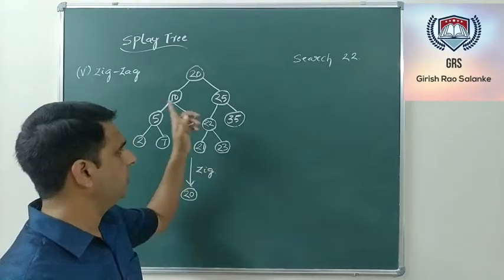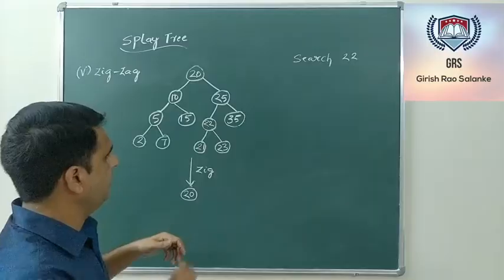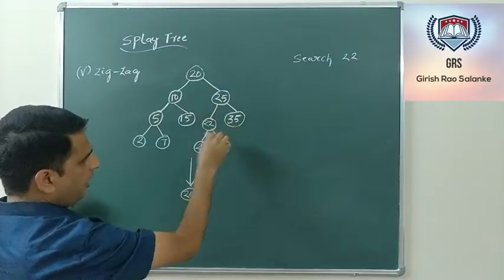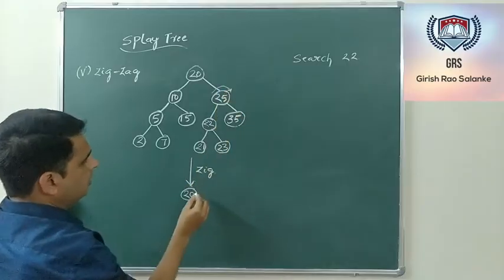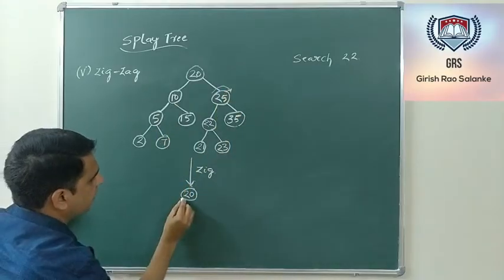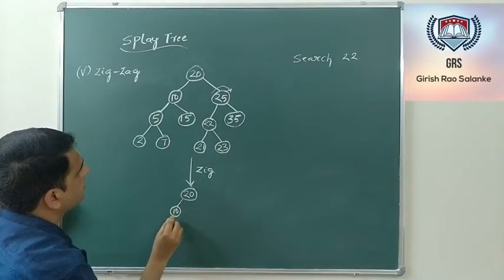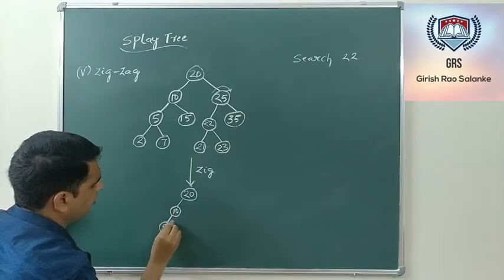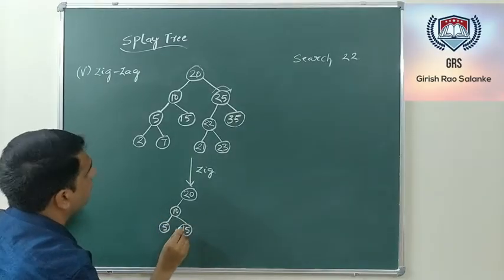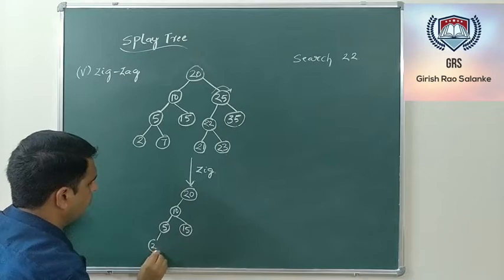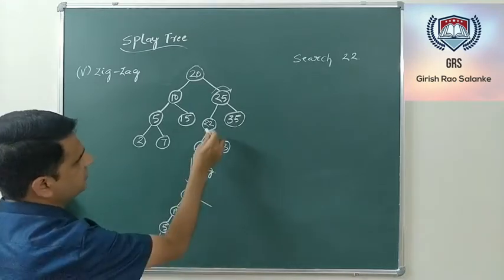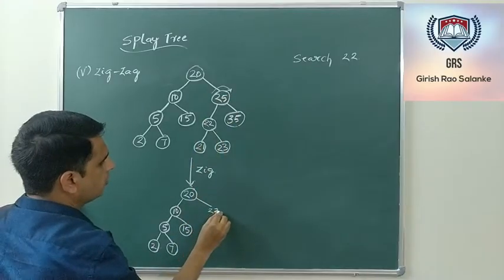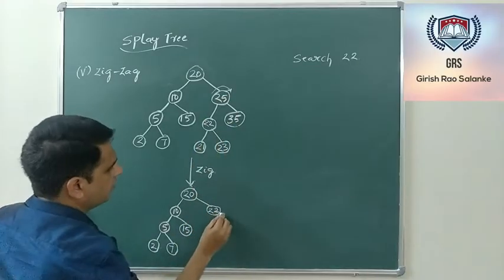First, I need to perform a zig operation, a right operation here. So 20 remains as it is, the entire left subtree unchanged: 10, 5, 15, 2, 7. Now the only change is this: 22 occupies the position of 25.